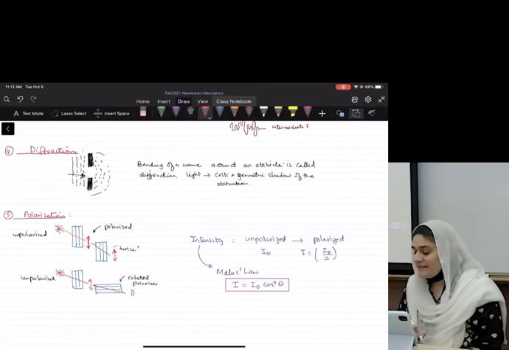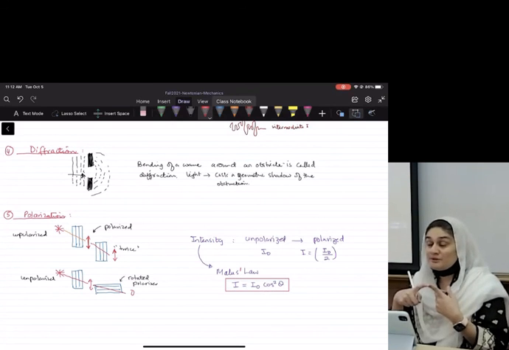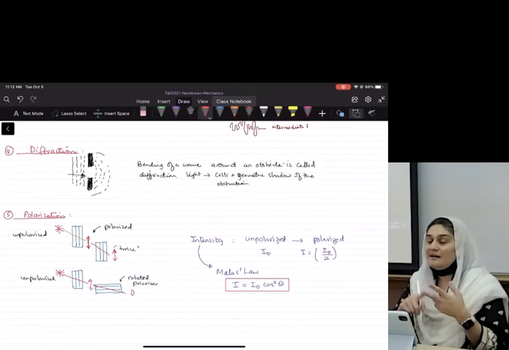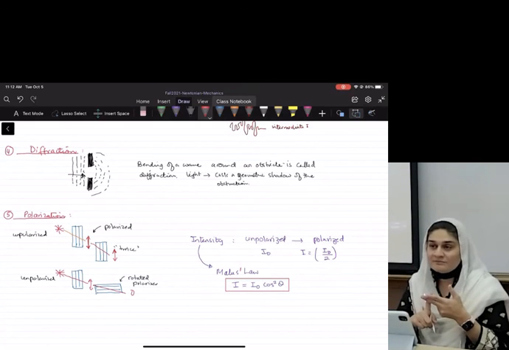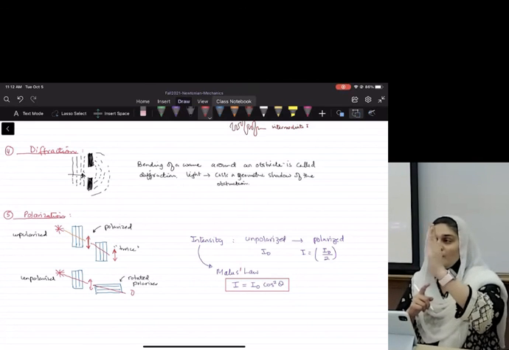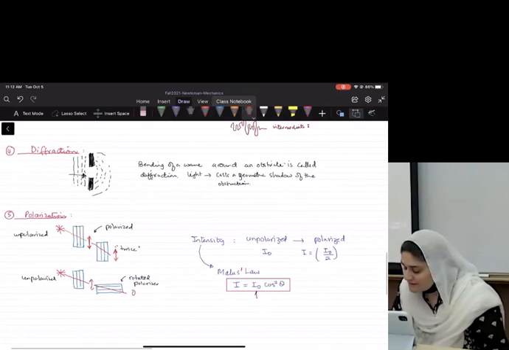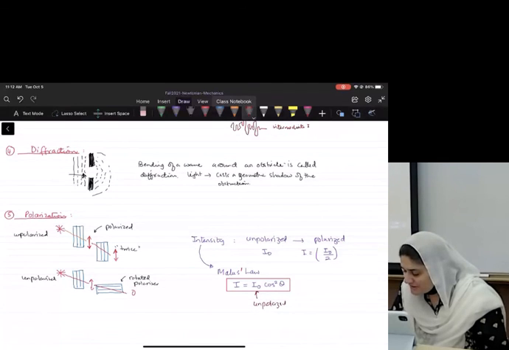where I0 is the intensity of the unpolarized light, I is the intensity of the polarized light, and theta is the angle at which your polarizer exists. Okay, let me write that down. I0 is what? The unpolarized light intensity.